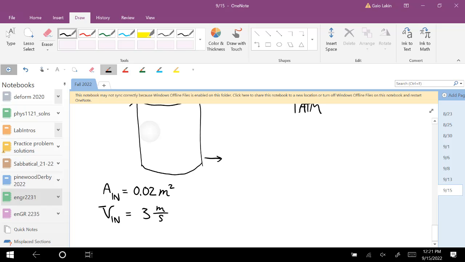And at the outlet, the area is 0.01 meters squared. And the speed at the outlet on average is 4 meters per second.